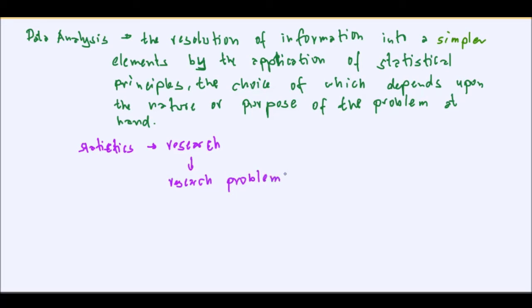Okay, so the research problem can be answered by gathering the data, so data gathering, either by interview or questionnaire or experimentation. Then to answer the problem by the use of data, the data must be analyzed. So that's why we will have our data analysis.